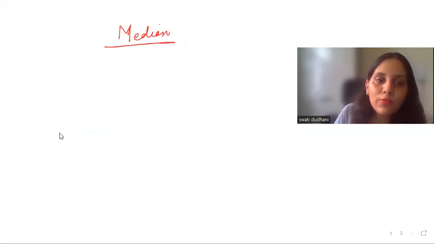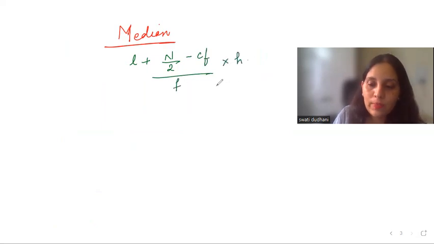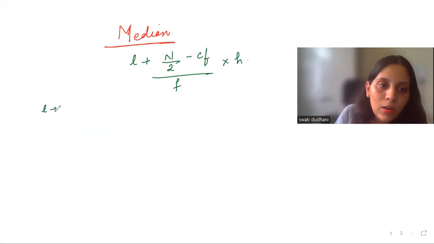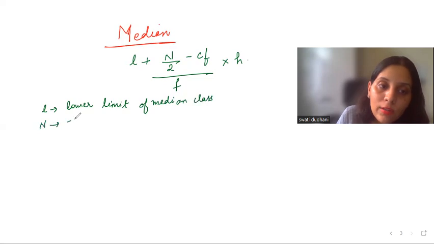What is the formula for median? Let us write first. L plus n by 2 minus CF divided by f into h. Now what is this? L is the lower limit of the median class. n is the total frequency.